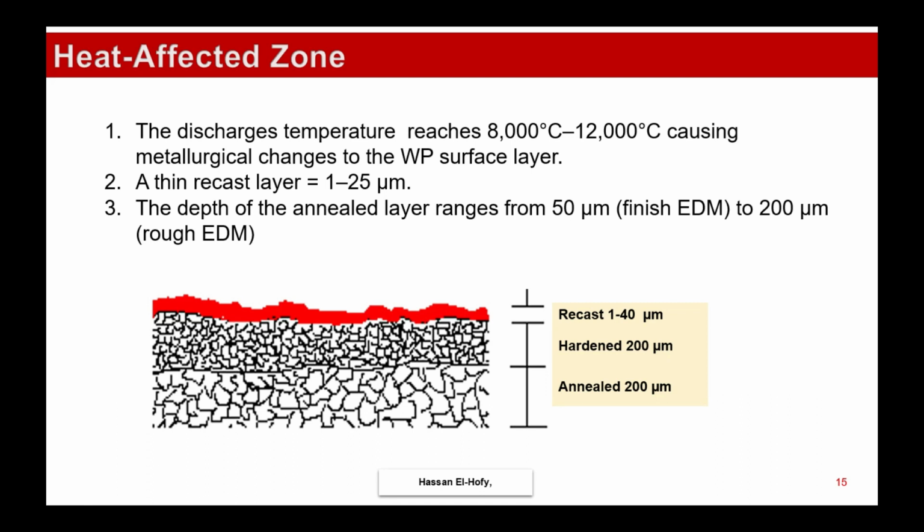This is shown in red, and the depth of the damaged layer ranges from 50 micrometer for finish EDM to 200 micrometer in rough EDM. Rough EDM uses longer pulses and large current, generates larger craters, and consequently larger depth of the damaged layer.